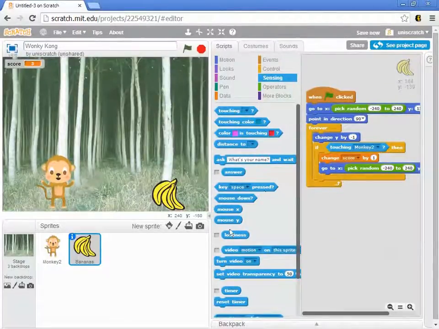I actually think that for this particular game, there's an easier way to do it, or maybe not easier, but I think better. And that's the idea of paying attention to where these bananas are, right? As long as the bananas are up in the air, right? So here's the banana right now. Remember that we can look over here and see where the bananas are. This is a Y value of 87, and as the bananas fall, that Y value gets smaller and smaller. Eventually it becomes a negative number.